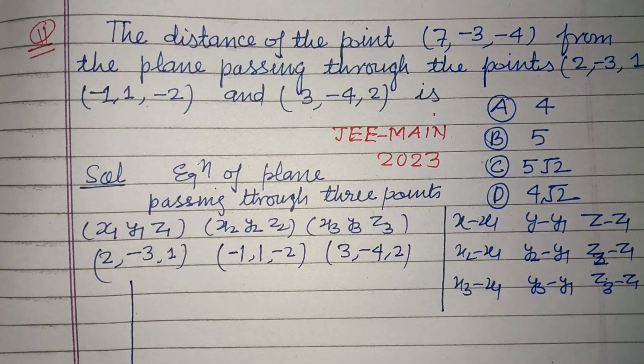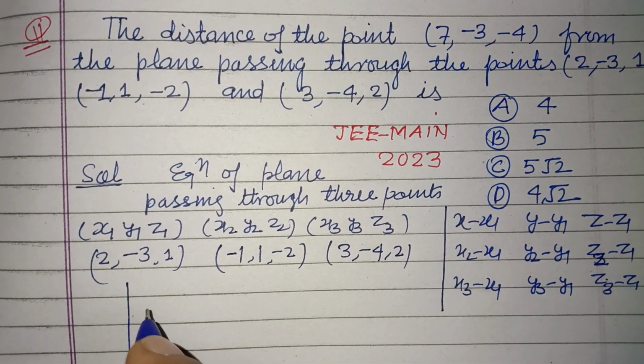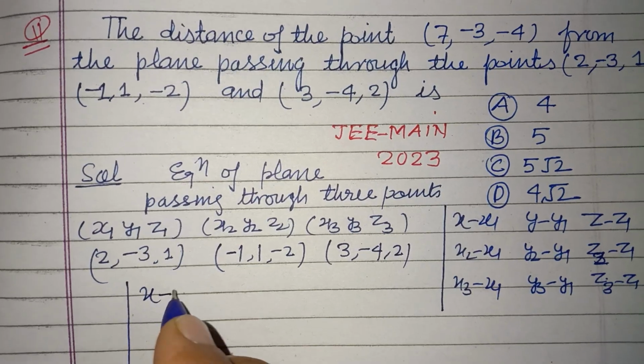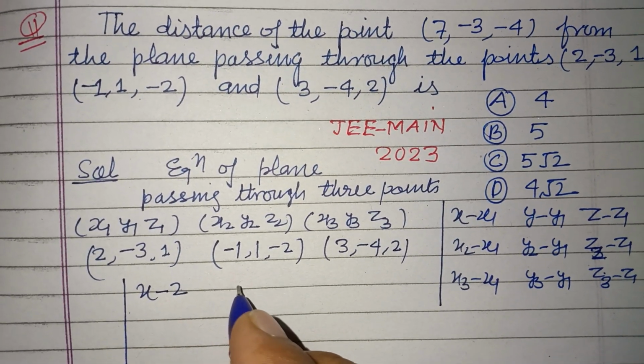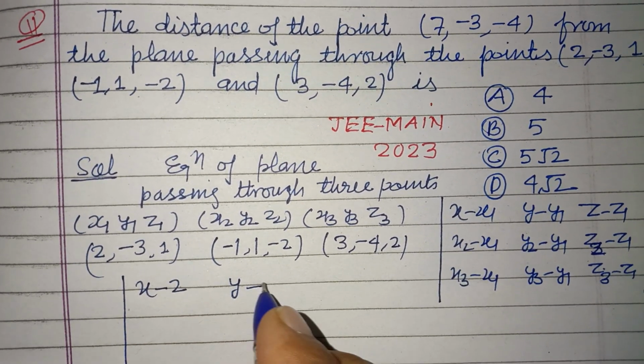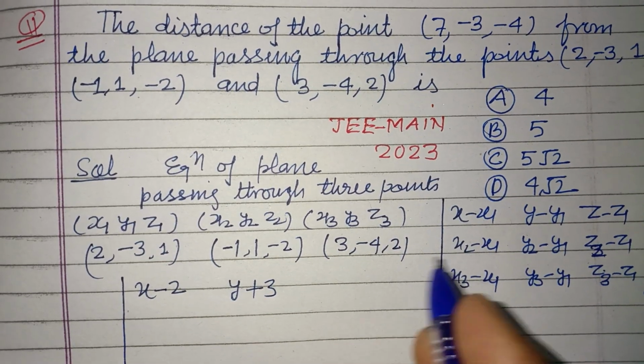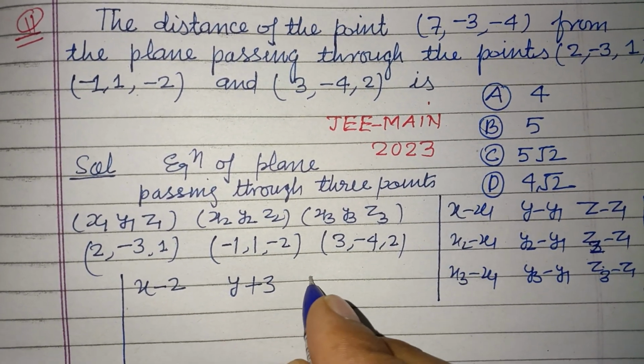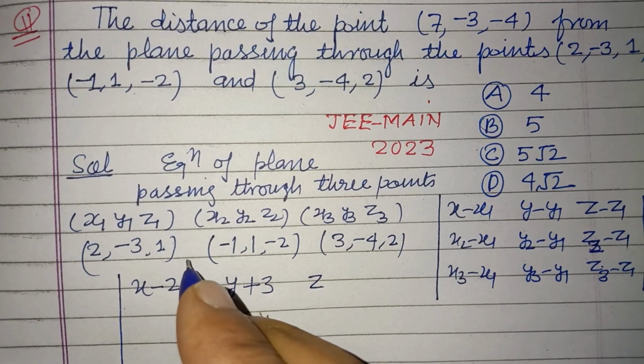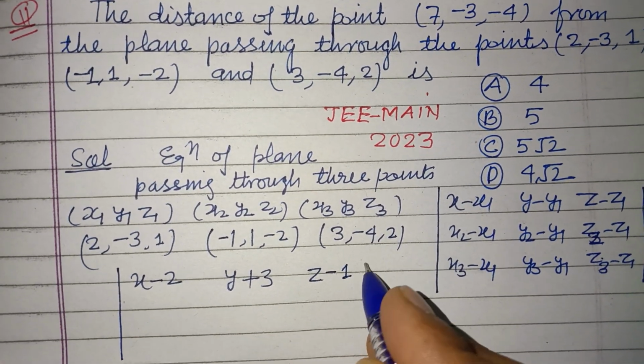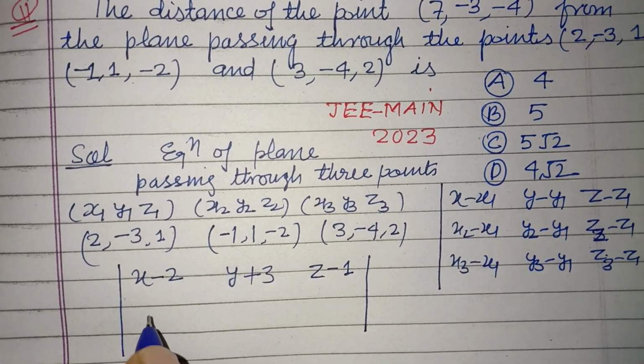Putting these values here: x minus x1, so x minus 2; y minus y1, so y minus minus 3, which is y plus 3; and z minus z1, z1 is 1, so z minus 1.